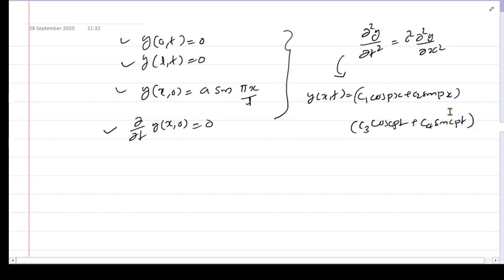Now we need to input all these conditions one by one to receive the solution. We input the first condition first.